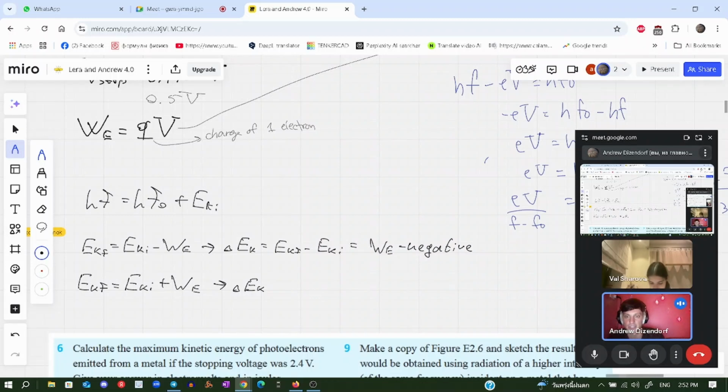This number will be negative. And in the second case, when it accelerates the charges, the electrons, delta E kinetic will for sure be positive. It's always final minus initial, but this time final will be greater than initial. And now the work will be positive.